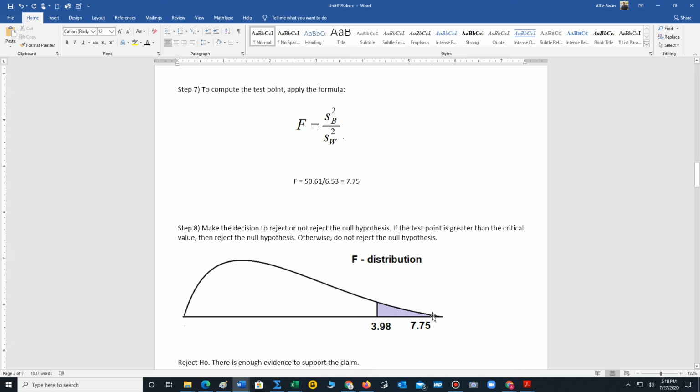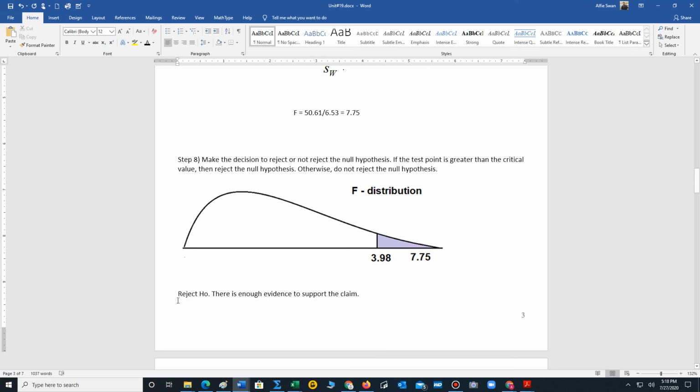All the values are positive. It's a right-tailed test. We saw that the critical value is 3.98. 7.75 falls in the critical region. So we reject H naught. We say there's enough evidence to support the claim. And so that is an example of performing ANOVA, one-way analysis of variance.